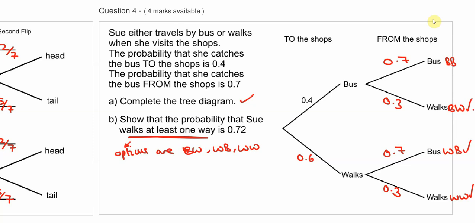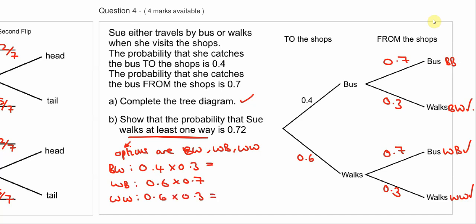To calculate bus then walks, I would do 0.4 times by 0.3. To calculate walks then bus, I would do 0.6, because that's walks, and then bus is 0.7. And to do walk then walk, I would do 0.6 times by 0.3.